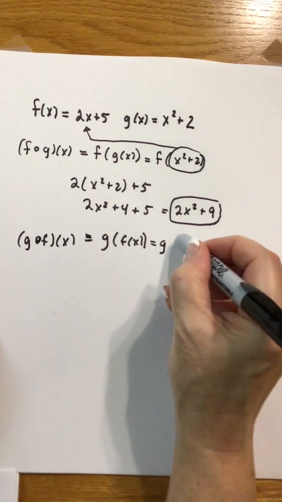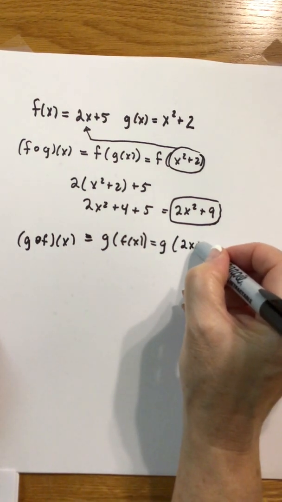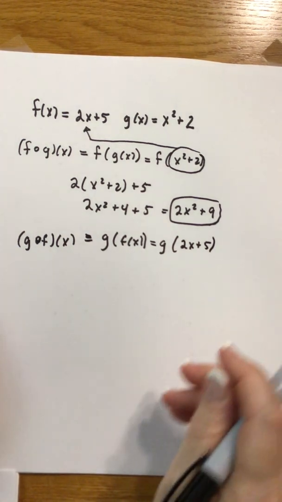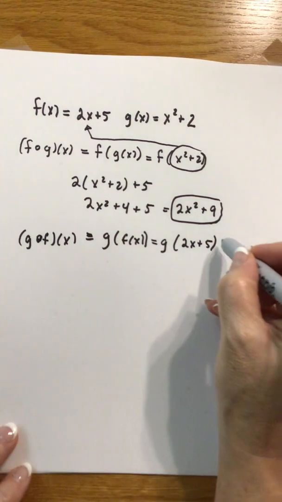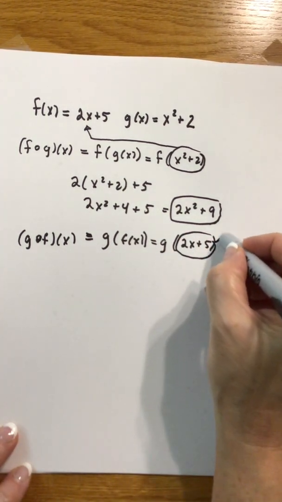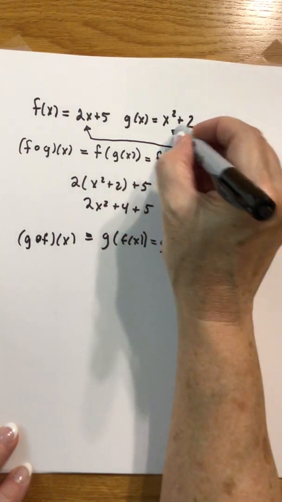So I've got g of 2x plus 5. So my g of 2x plus 5 then tells me what? That means that the 2x plus 5 has got to go into the input of g. So this 2x plus 5 is going to go into the x.